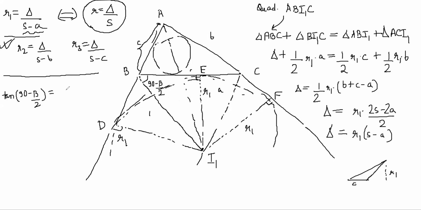So you get R1 by BE, right? So R1 can also be written as BE times tan 90 minus B by 2, which is cot B by 2, right? So now our job is to somehow express this BE in terms of some other triangle values, right? So how will we find BE?